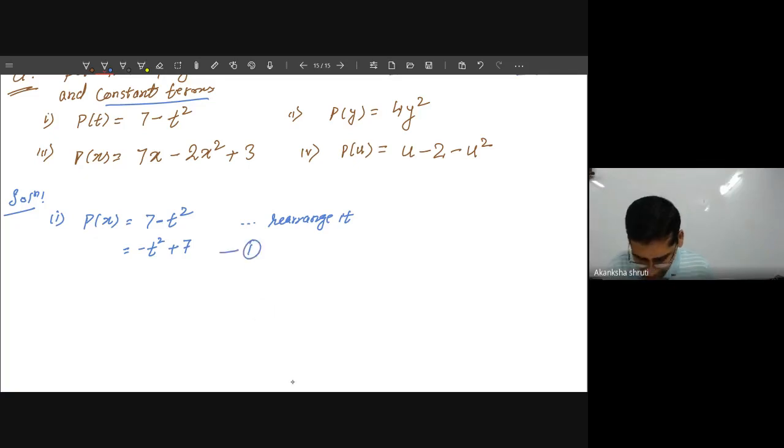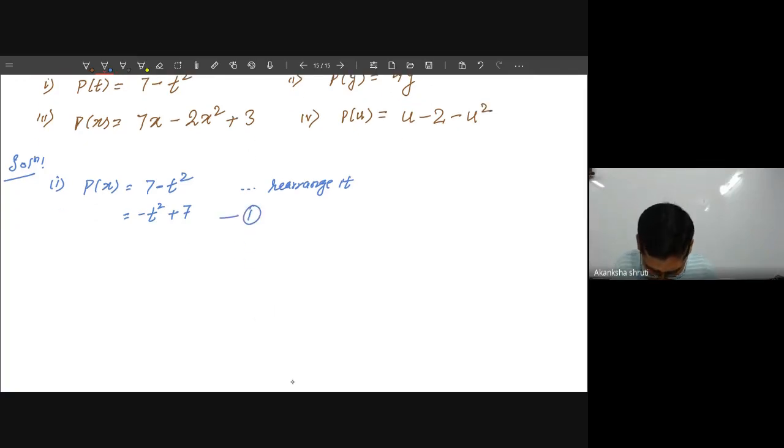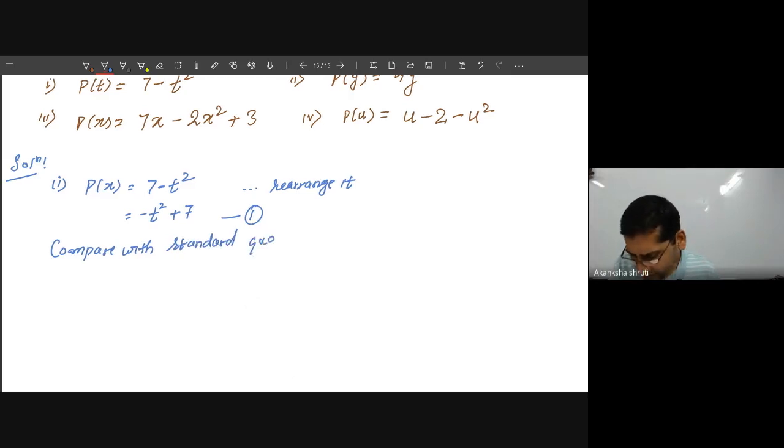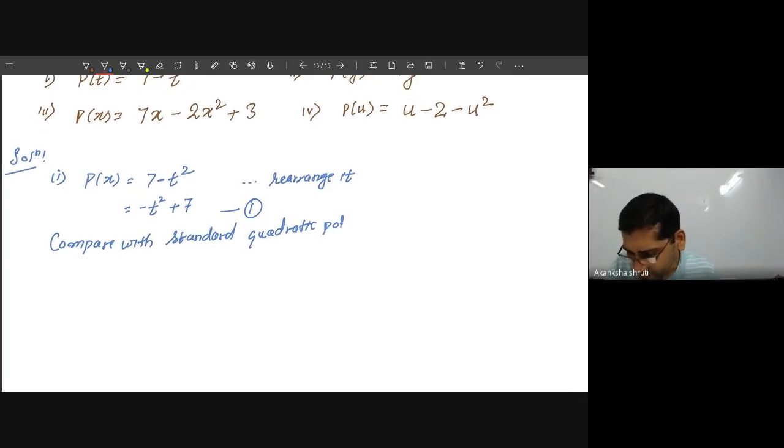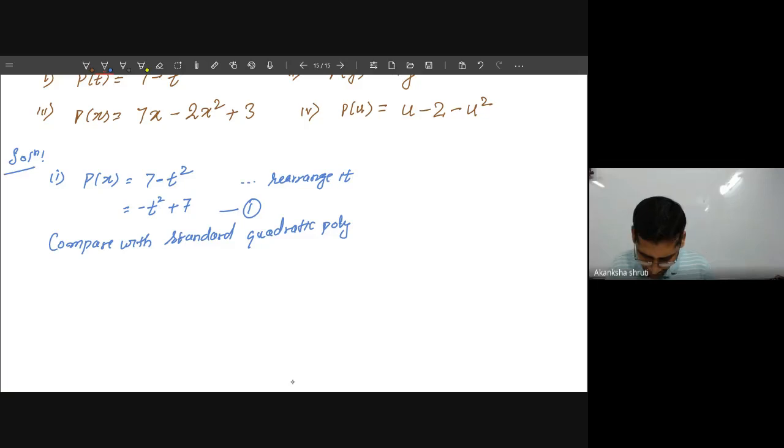Now whatever we have written, we have to compare with a standard quadratic polynomial. That you also have to write. What is that standard quadratic polynomial?